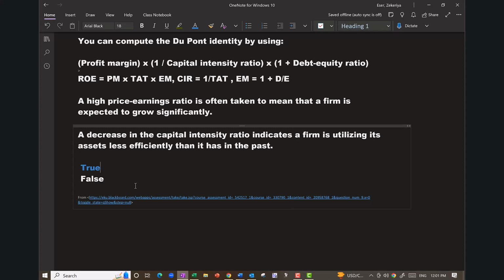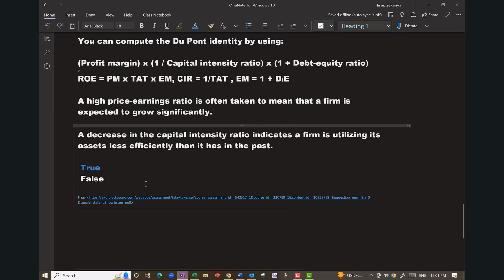Here, we're talking about capital intensity ratios. Well, that's the reciprocal of total asset turnover. If capital intensity ratio decreases, that necessarily implies total asset turnover is increasing. Hence, more efficiency.